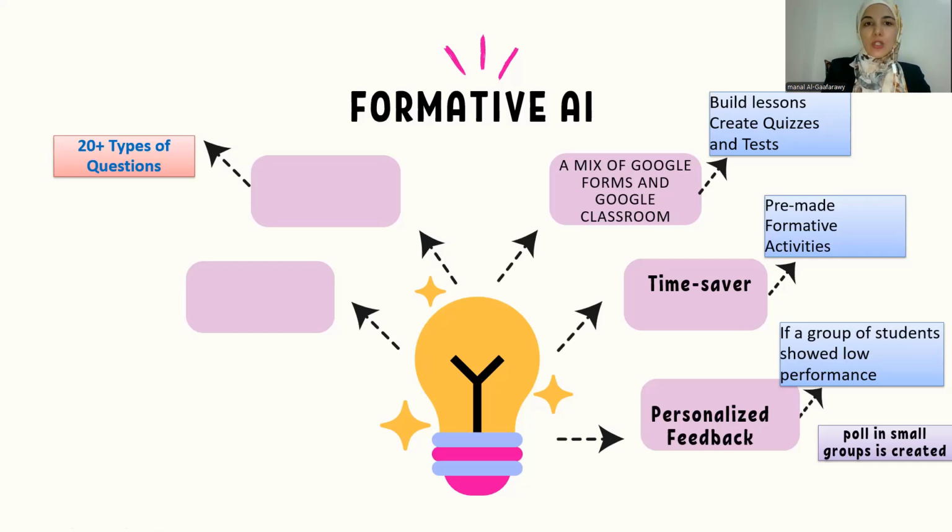Imagine that you created a test for your students, and then some of them did not perform well on the exam. So you can create something called a poll in small groups, where you can invite those students to work on questions tailored to the problems or weaknesses they have.